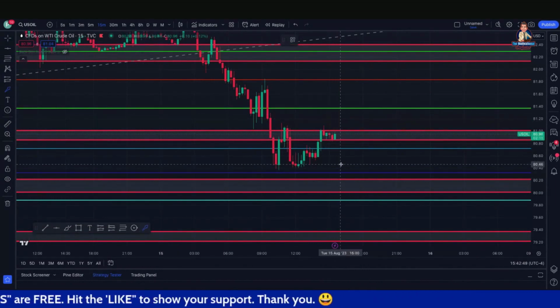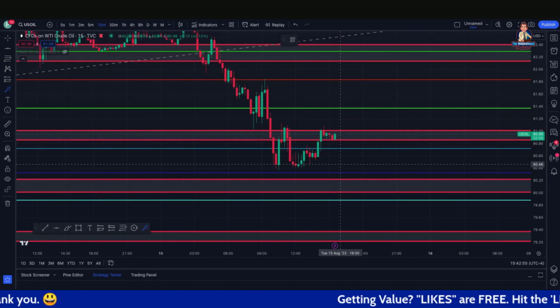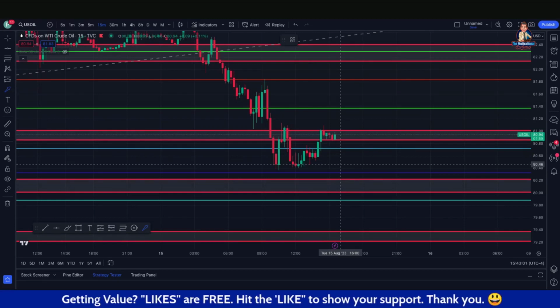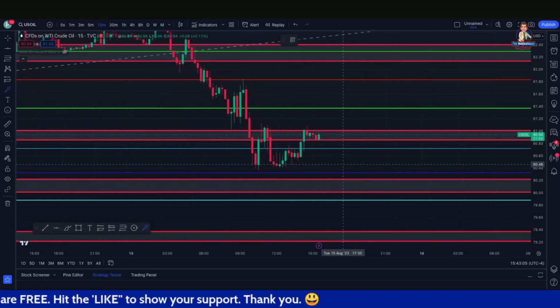Okay, it is now 3:42 Eastern Standard Time. So the market still has another hour and 15 minutes to go before it takes its 5 to 6 o'clock break. We may or may not see too much movement. Okay, so let me start with the down scenario.